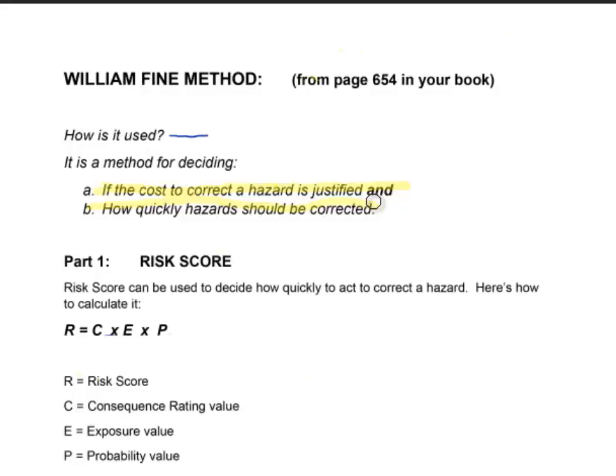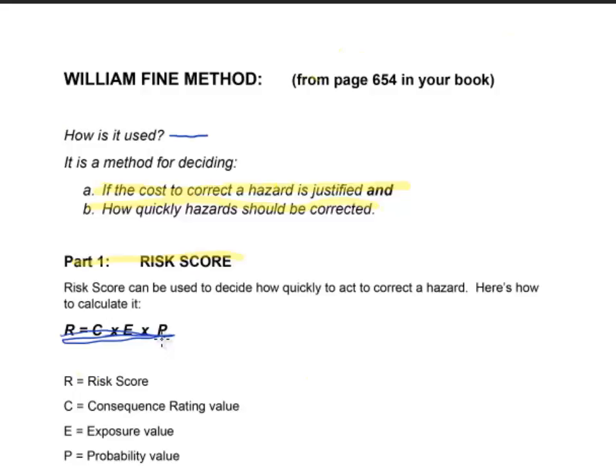So the first thing that we do is we calculate a risk score. And the risk score is kind of a simple multiplication right here. It's R equals C times E times P. So it's just a simple multiplication.